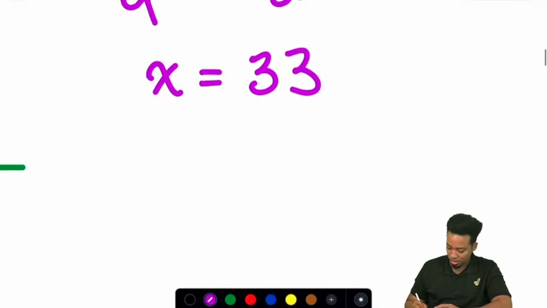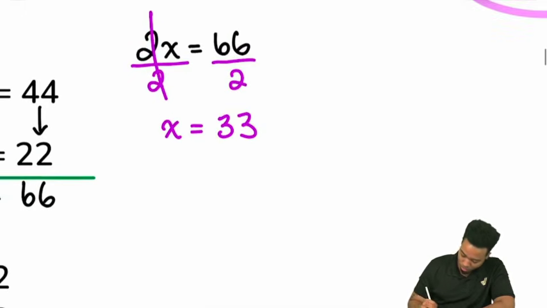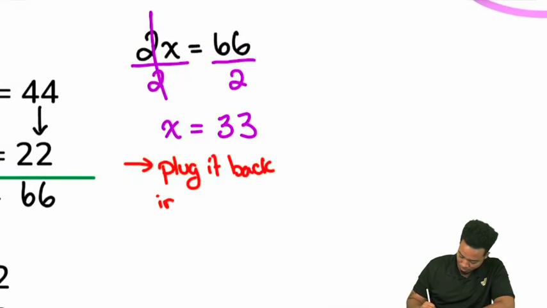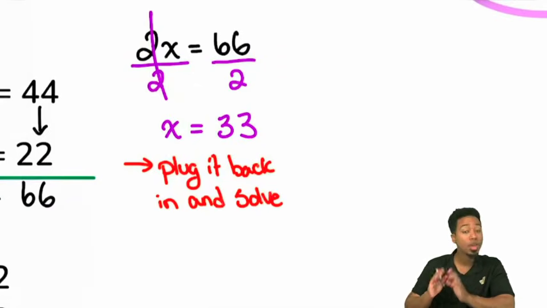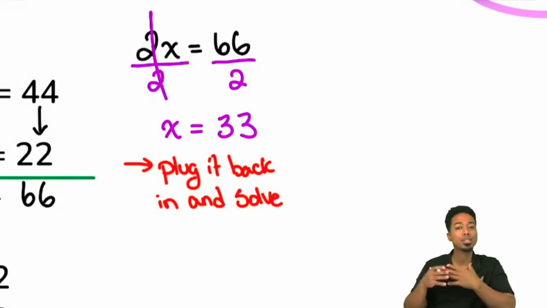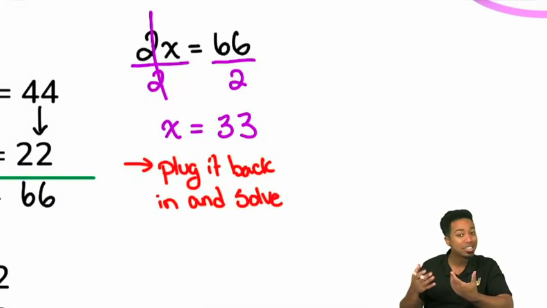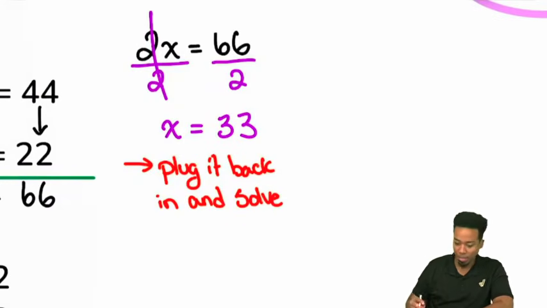So what I need to do next is plug this back in and solve for y. Yes or no, does that make sense, everybody? 33 is not the answer because we need to use the 33, because it's x, to find y. Does that make sense?